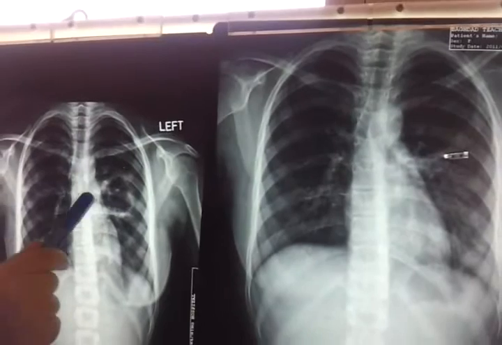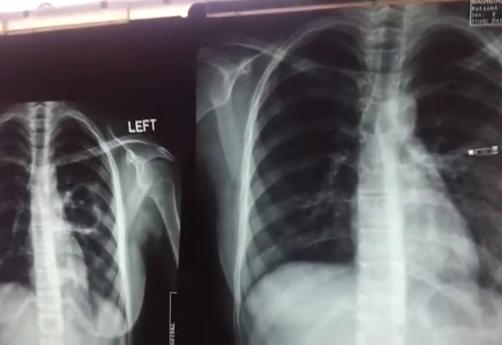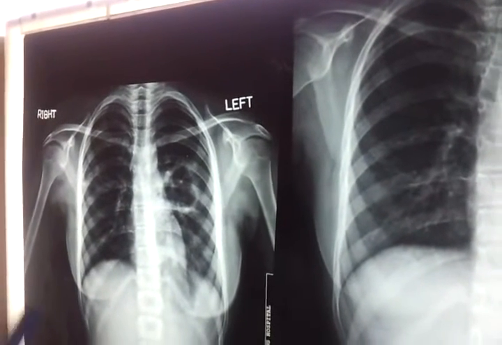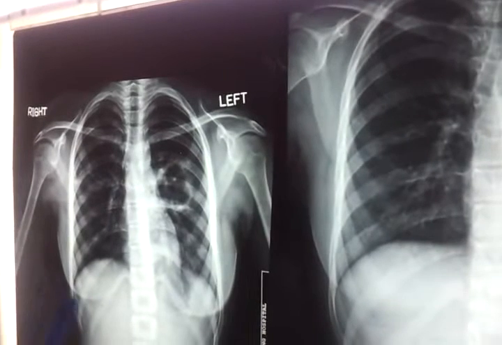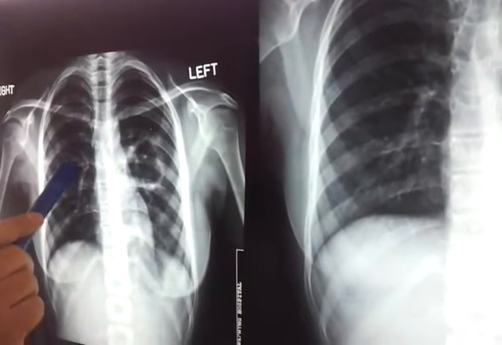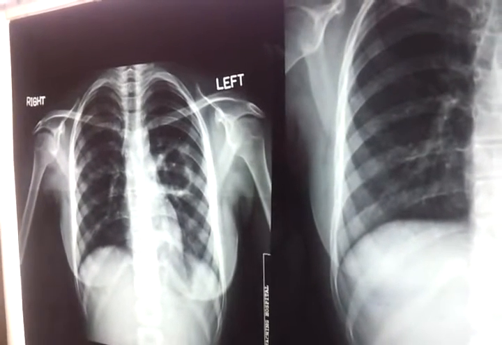Usually there is no lymph node enlargement in TB unless the TB patient got primary tuberculosis, or the patient got secondary or post-primary tuberculosis and is immunocompromised.